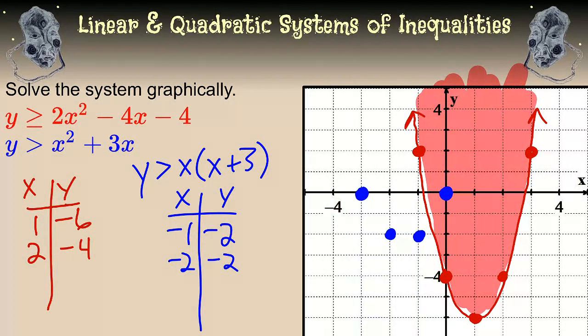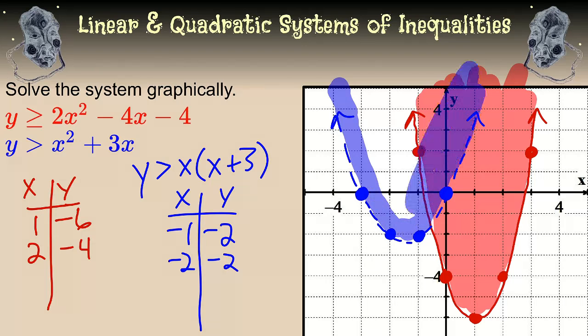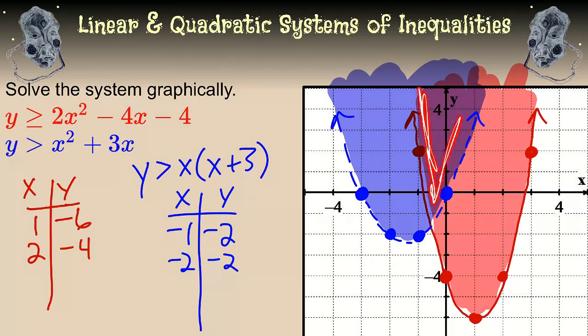It isn't too important exactly where it is, so I'm just going to estimate. And because y is greater than that parabola, we're going to shade above again. And so you can see the solution set is this area in here.